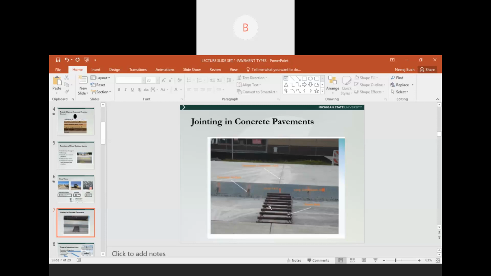The third difference is that the dowel bars are designed to transfer deflection across the transverse joints, whereas a tie bar is designed to hold the lanes together along the longitudinal direction. So you cannot interchange. You cannot take a dowel bar and put it in the longitudinal joint, and you cannot take a tie bar and put it in the transverse joint.